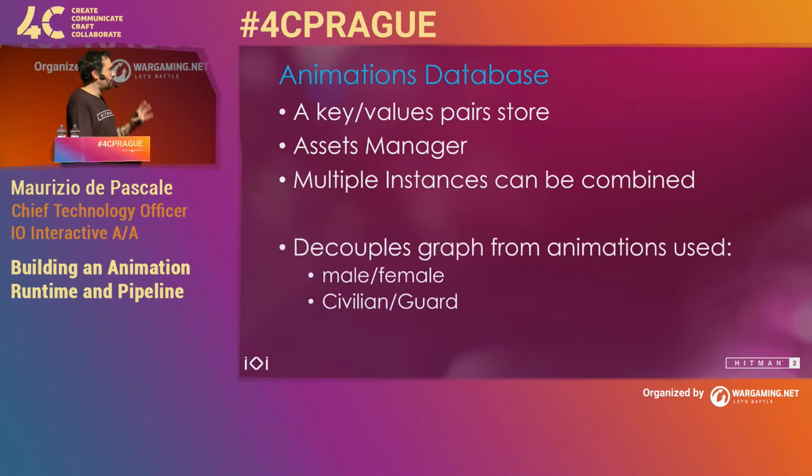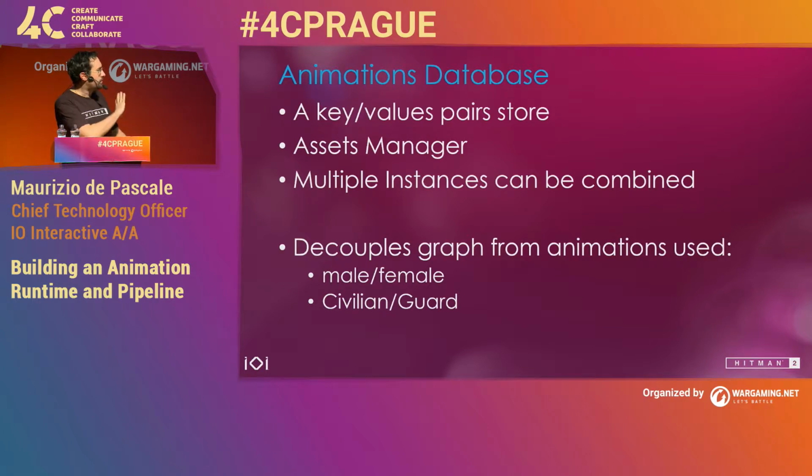And the overall goal of this decoupling is really to make sure that your graph, which describes how you want animation to be combined, is not strongly tied to the animations that you will end up actually combining. The usual case is that male and female have exactly the same walk cycle, meaning the way the graph is represented, but maybe you want to use different animation for that.